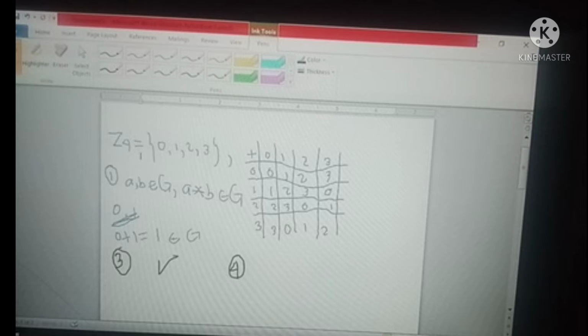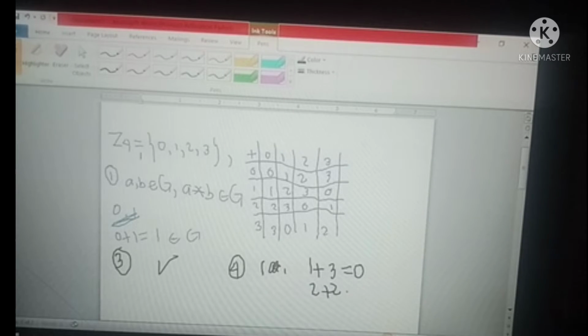What is the inverse of 1? In ordinary addition it would be negative 1, but that is not the case here because we are in a certain group. The inverse of 1 is the element that results in 0, meaning 1 plus 3 is 0. So 3 is the inverse of 1. About 2, it has an inverse, so it is satisfied: the inverse of 2 is 2, under modulo 4 giving 0.